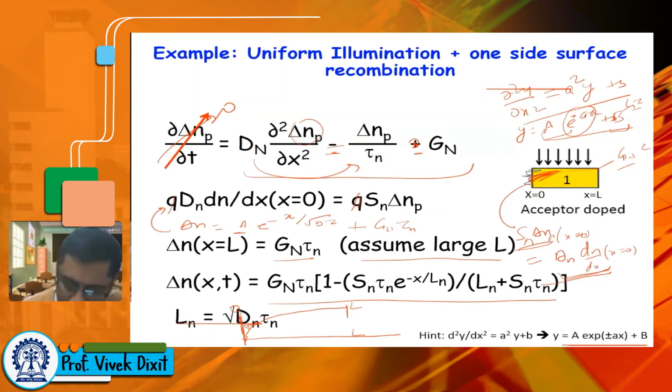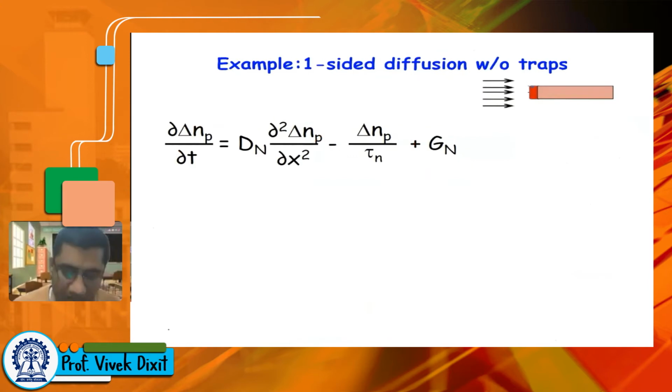Again you see this diffusion length appearing here, L is equal to root D tau. Now let's say in this case we are not considering generation. We are only considering the side diffusion. There is no light here, so generation goes to 0. Only the diffusion is there from the left side.